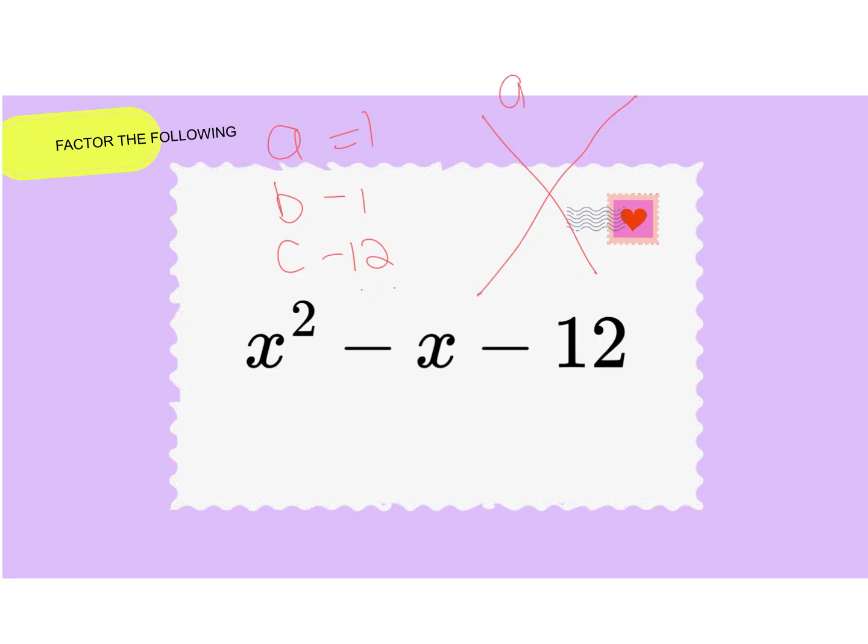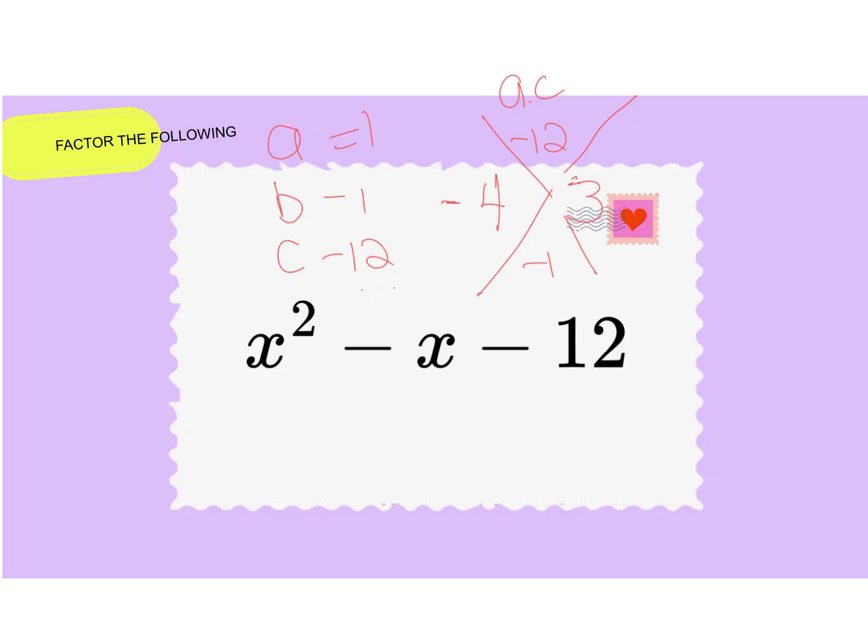Remember up top, A times C. We know A times C is negative 12, B is negative 1. So now we need to find two factors that will multiply to give us negative 12, but will add to give us negative 1. So I know 4 and 3. One of those has to be negative because I have a negative on the 12, a negative on the 1.